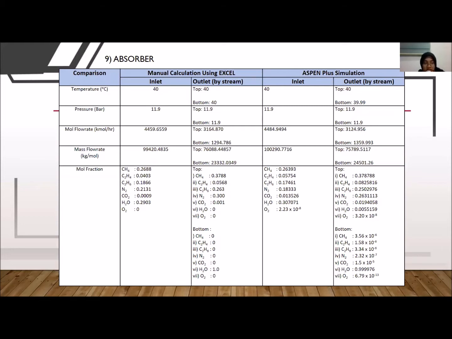But for the Aspen calculation, we use 99.99% efficiency, as it is impossible to have 100% efficiency in real life equipment. Therefore, the values for mole and mass flow rate were slightly different between both calculations.